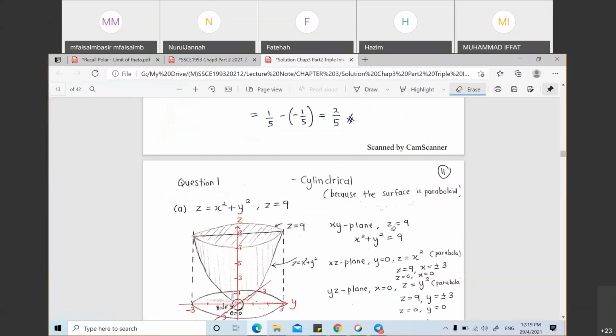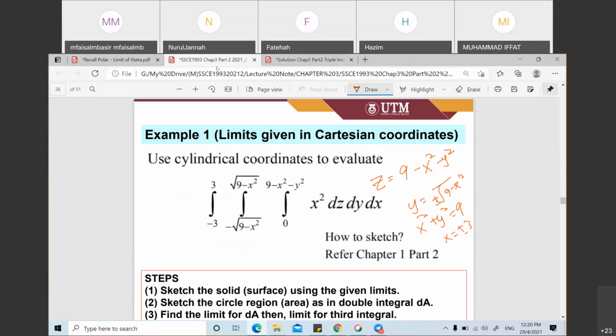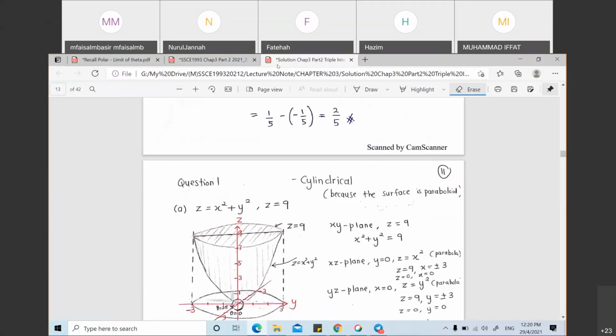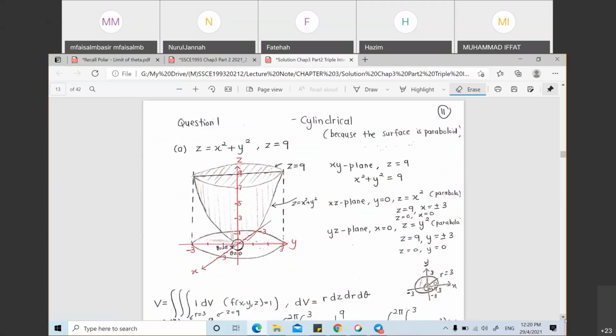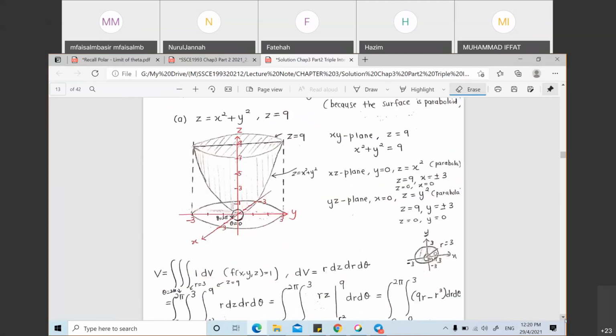At the xy plane, z equals 0, you have x squared plus y squared equals 9.